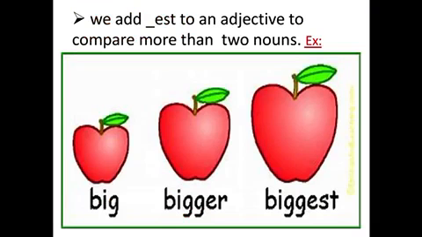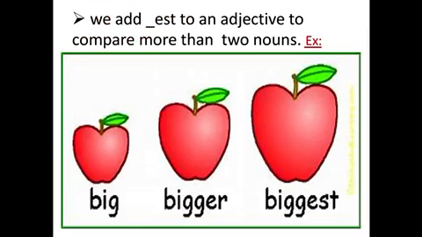Look at this picture here. We add est to an adjective to compare more than two nouns. The first apple is big. When we want to compare it to the next one, we will say that the second apple is bigger than the first one.